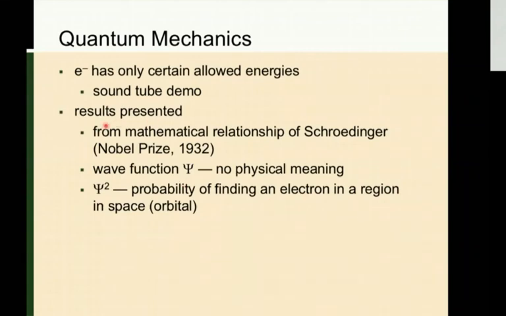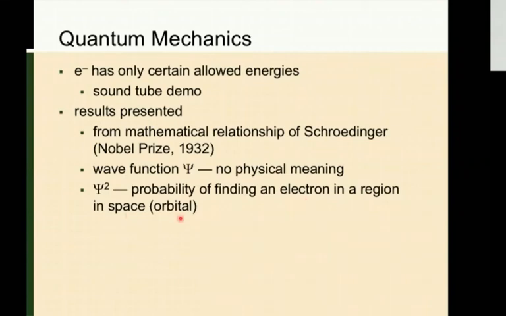The mathematical relationship between all of these properties of an electron won Schrodinger the Nobel Prize in 1932. The wave function psi has no physical meaning, but it is the way that we describe the electron mathematically. And then the wave function squared is the probability of finding an electron in a region of space. And this is an orbital.